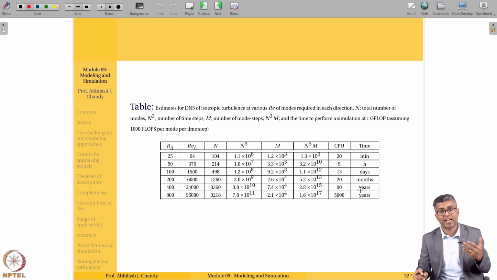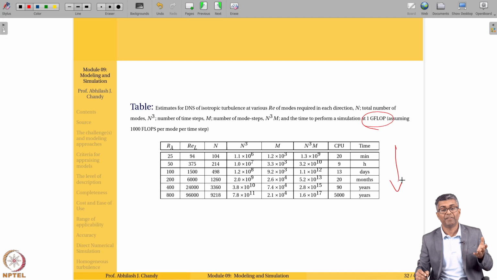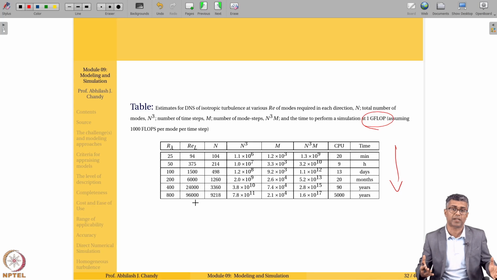So today we have exaflop machines. So this would be pretty much 9 orders of magnitude faster than a gigaflop machine. So everything in here can be divided by 10 to the 9 to get an estimate, right? So let's take a very high R lambda, which is about 800, and REL of 96,000, which is a very practical Reynolds number.